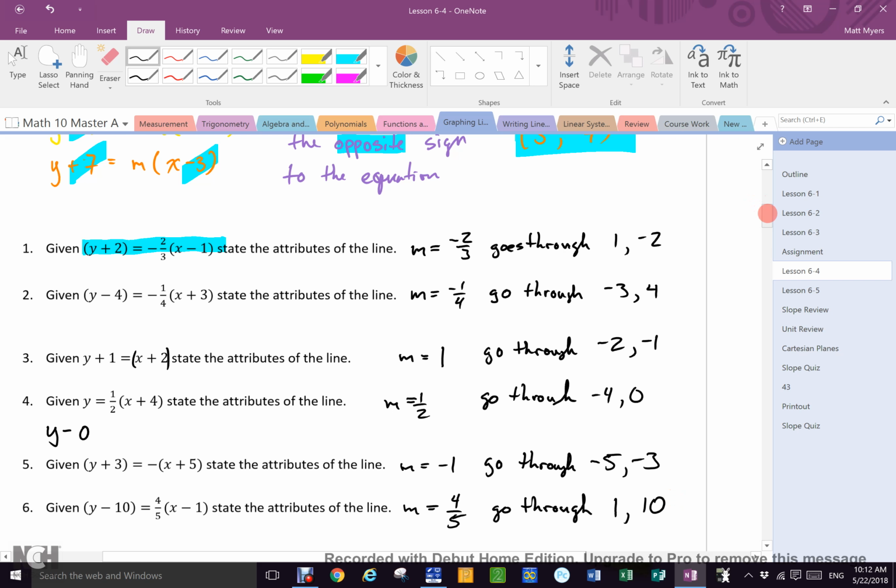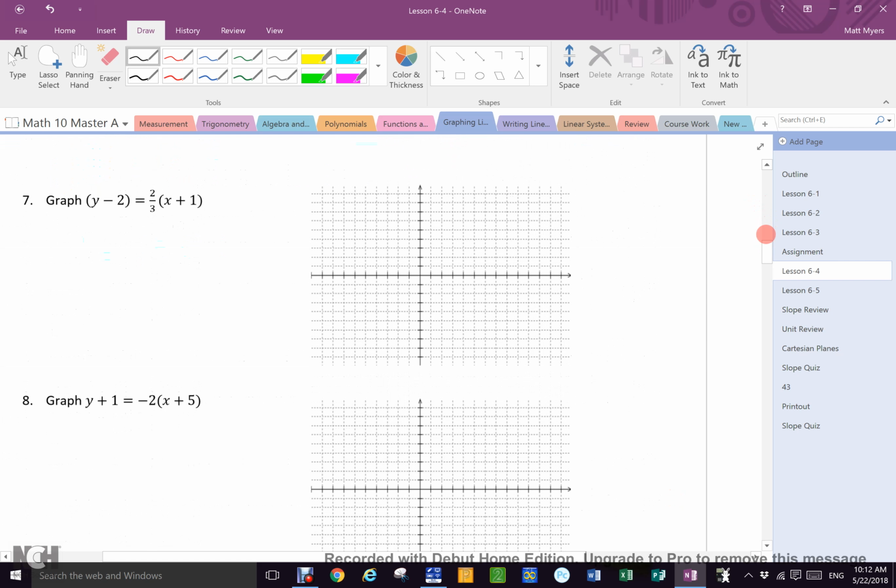Good. Turn the page over. What form is that? Point slope form. We just learned it, correct? Point slope form, once again. You know that x1 and y1 is a point on the graph.